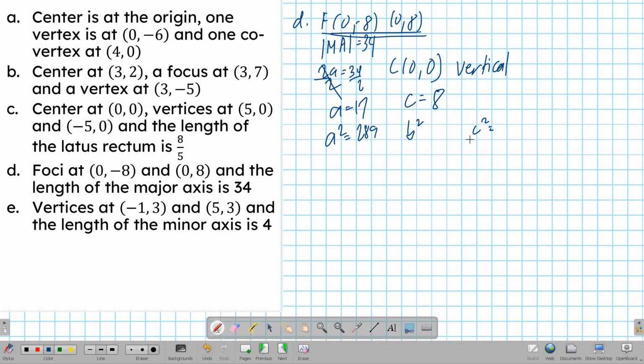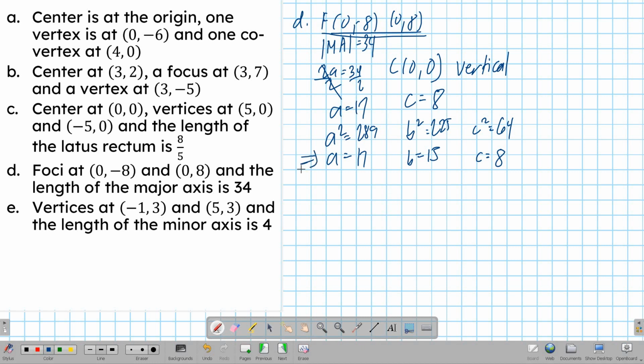So if c squared is 64, then b squared should be 289 minus 64, which is 225. The square root of this is 15, a is 17, and c is 8. So with that defined, now we can find the equation of the ellipse.